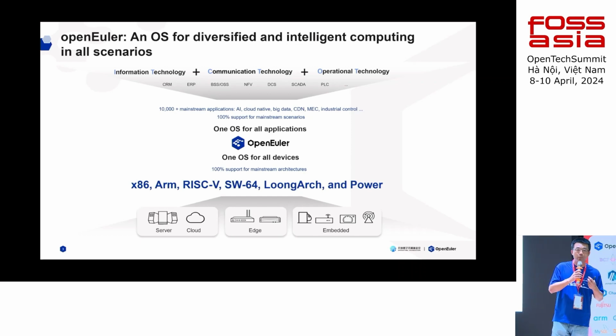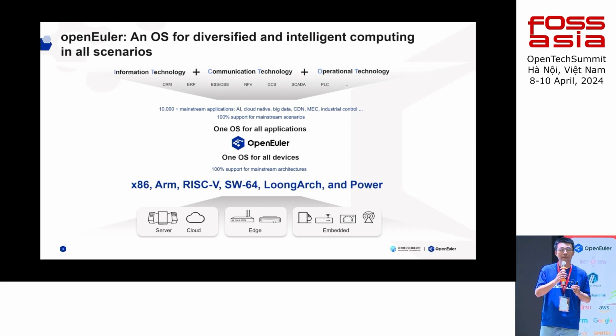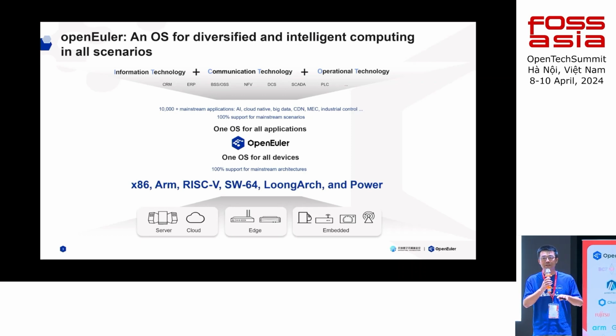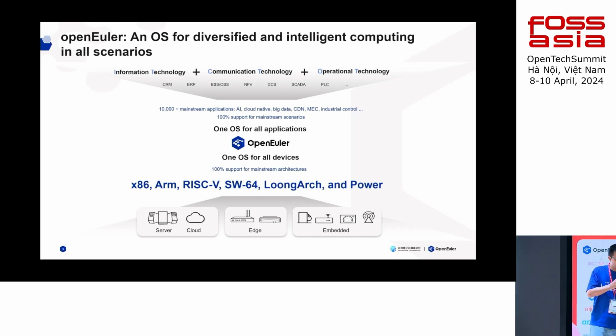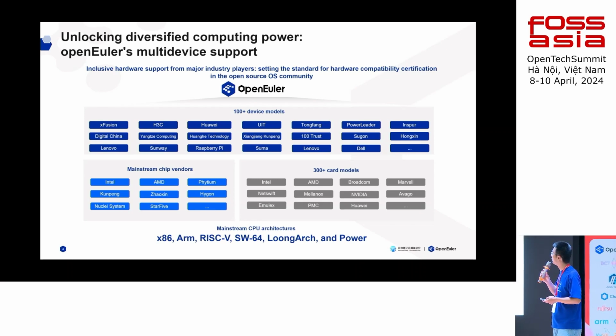So we want to make openEuler support most of the chipsets and boards in the market. If you get any board, it's very easy to migrate or port openEuler on top of this chipset. Here is the list that we support. There are over 100 kinds of devices you can use.